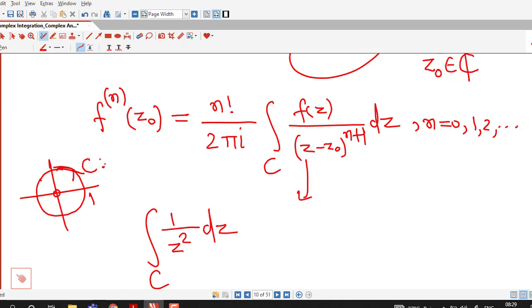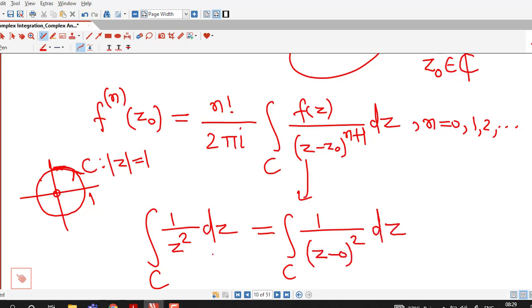C is mod z equal to 1 for this case. Now again we can rewrite this z square as square of z minus 0. If we compare with this denominator, then in our case z0 is 0. So this C is a simple closed contour and z0 lies inside this simple closed contour C.